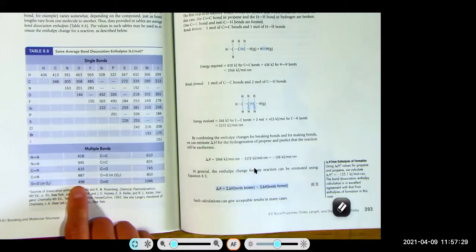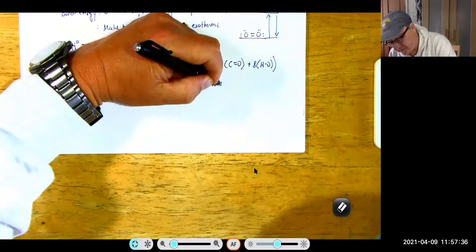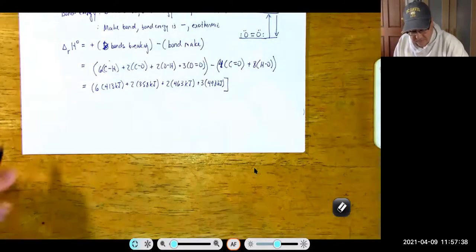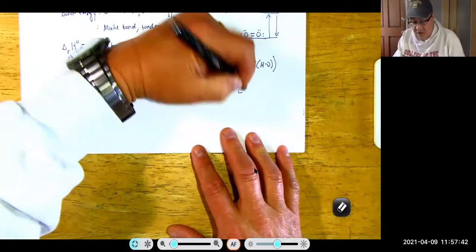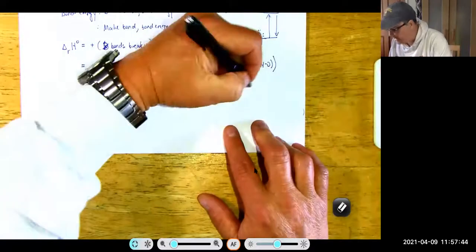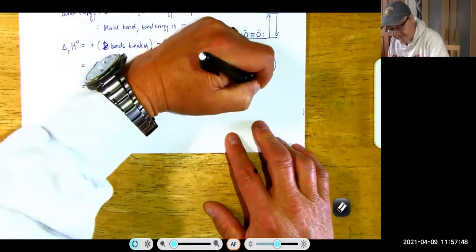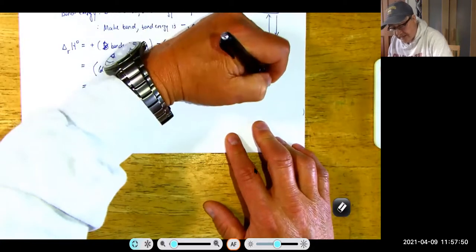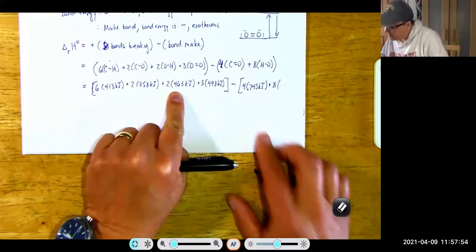Yeah. 498. And then a carbon-oxygen double bond is 745. And a hydrogen-oxygen we already found out is 463.